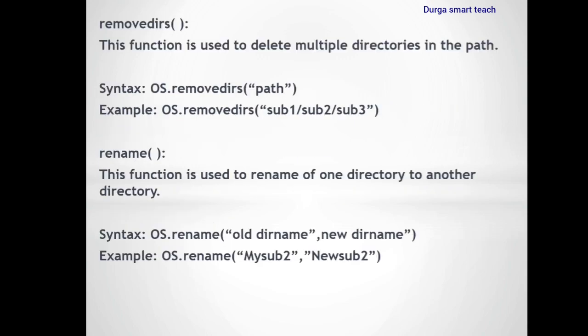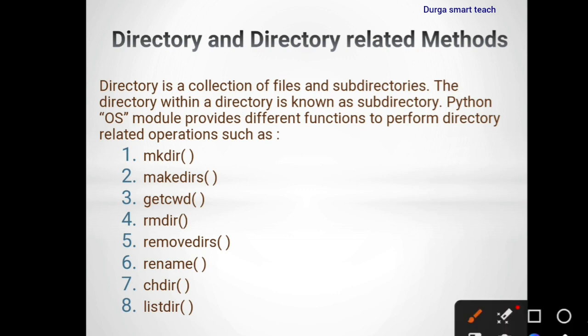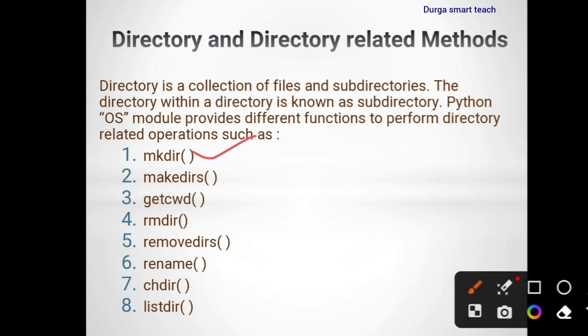Okay, so these are the file related methods. mkdir is used to create one directory. makedirs is used to create multiple directories. getcwd, get current working directory. rmdir is used to remove a directory. removedirs is used to delete multiple directories.